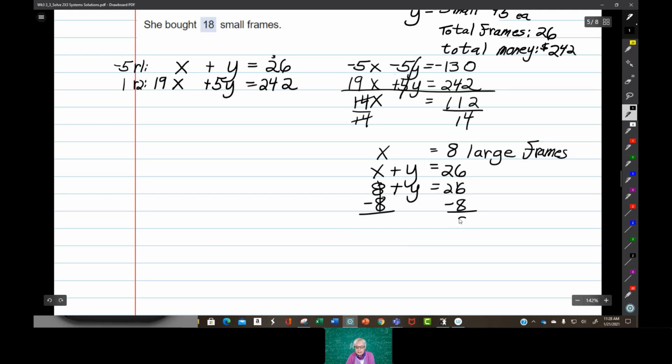16 minus 8 is 8. 2 becomes a 1. Bring that down. Y equals 18. Easier to do on the calculator.